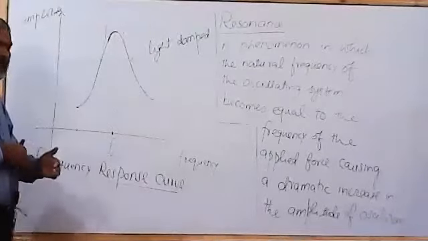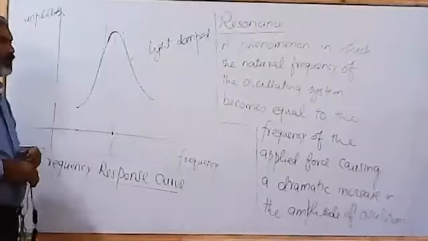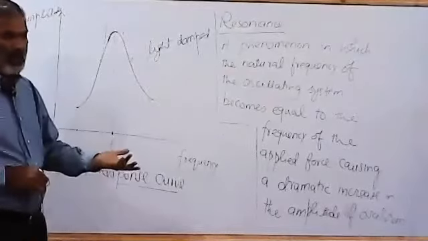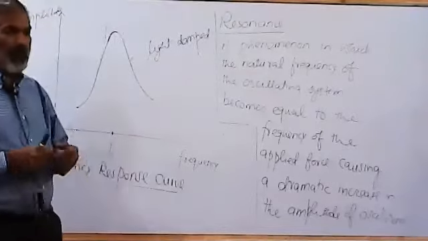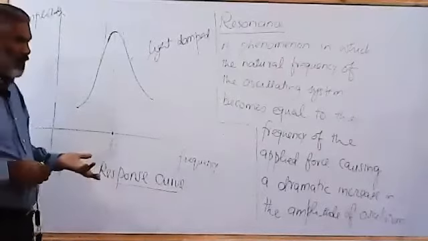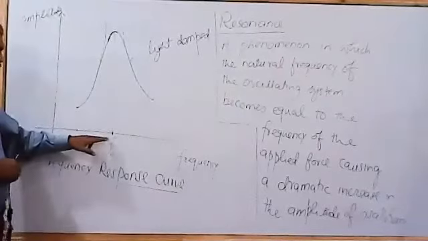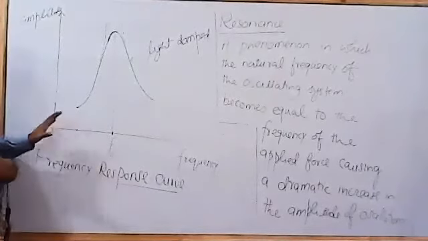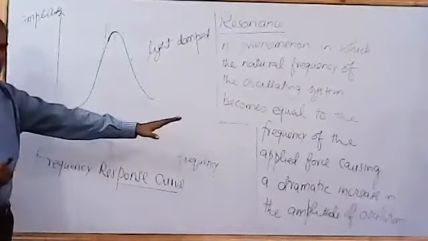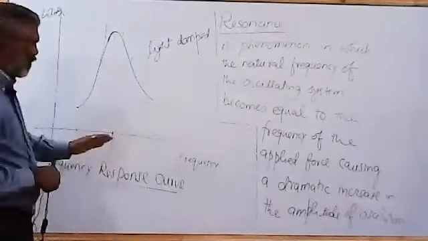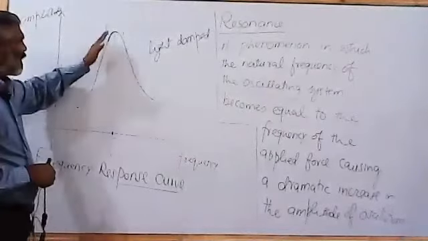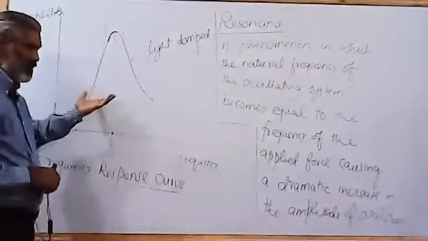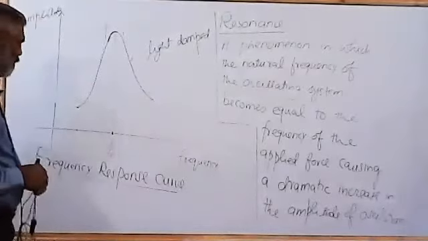Yes, if we change the nature of that system, let's say the mass of the spring itself, then the natural frequency of course changes. But as long as the system is unchanged, its natural frequency is the same, and by varying the frequency of the applied force, we can study how its amplitude varies, and this is the manner in which it varies.